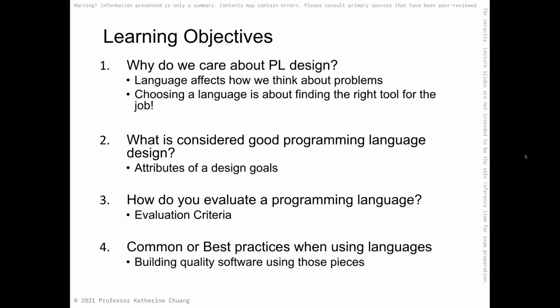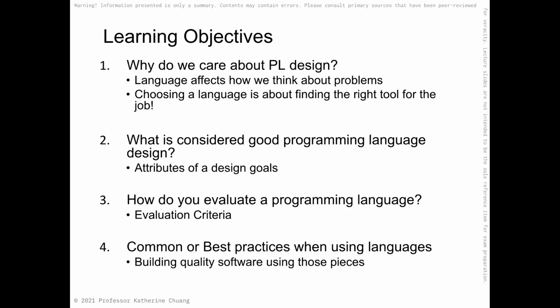So, learning objectives for this lecture: we want to go over why we would even care to think about programming language design. The main point is that the way the language is designed, the features of it, the expressions that you can create will affect how you can think about the problem that you're working on. So choosing a language is really about finding the right tool for the job.